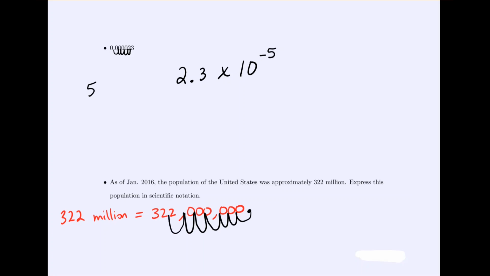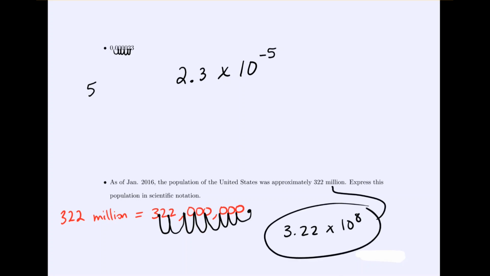So we go over 7, that's at 32, not good enough, 8. And now 3.22 is between 1 and 10, so we went over 1, 2, 3, 4, 5, 6, 7, 8. So it's going to be 3.22, our times symbol, 10 to the 8th, is another way of expressing 322 million.